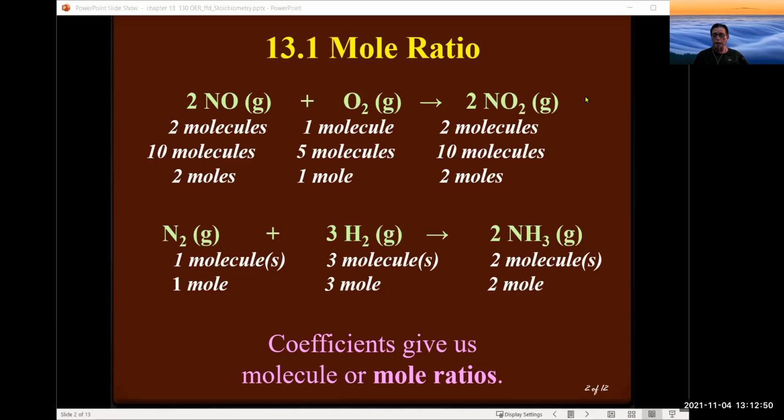Anyway, before I continue, coefficients give us the mole ratios in that balanced chemical equation, okay? So you can see it's very important that we balance it correctly. Otherwise, those coefficients would be incorrect, which then will result in incorrect calculations with respect to these equations, okay?